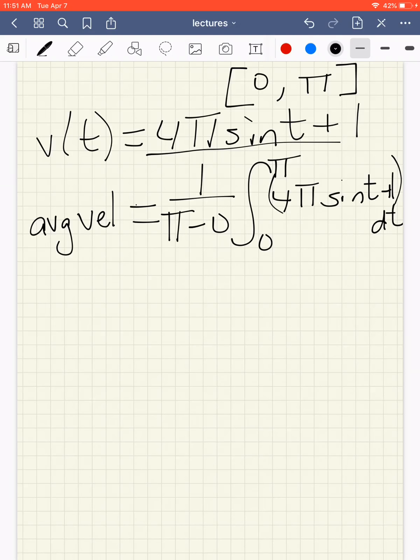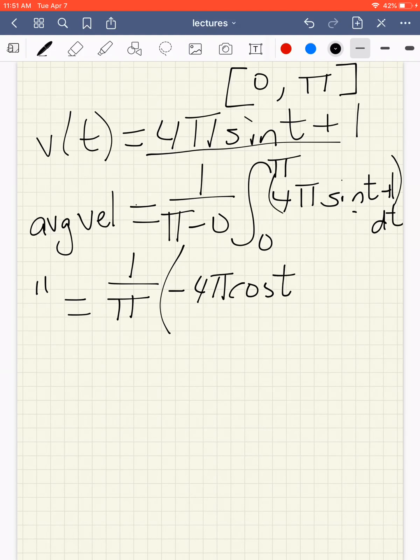Alright, so if we integrate this, we have 1 over pi, and the integral of this part would be negative 4 pi cosine of t, and then the integral of the plus 1 is just plus t, and that's all going to be evaluated from 0 to pi.